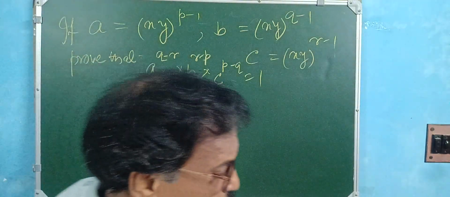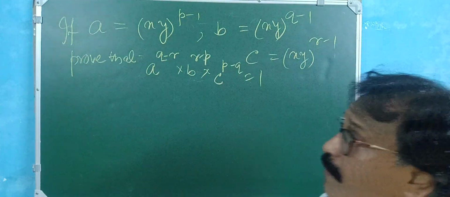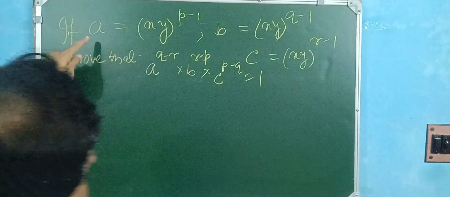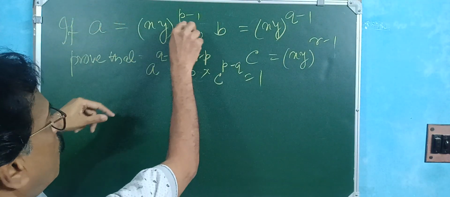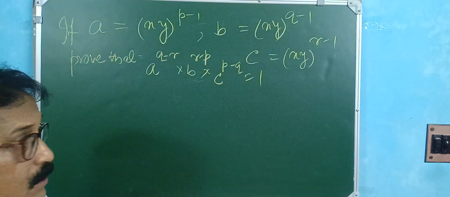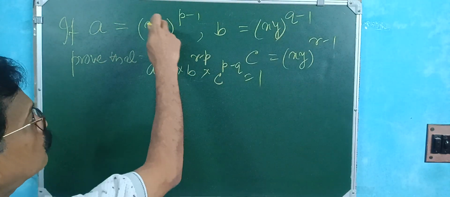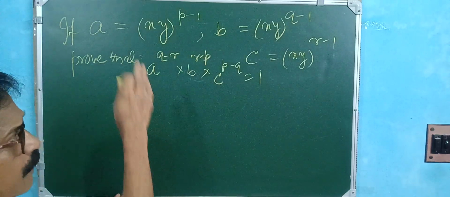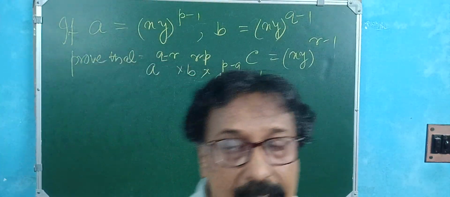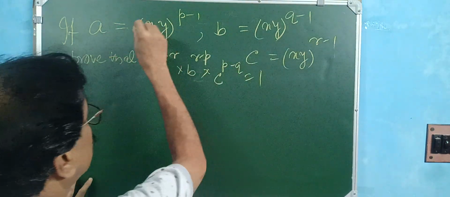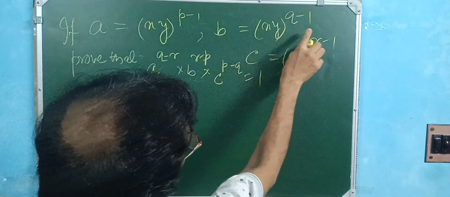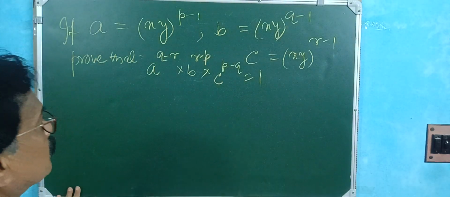Clear? What is given? If a is equal to this, xy to the power, a whole power p minus 1. Don't panic. In the book, this is xy, don't use the bracket. I used the bracket for better understanding. So this is p minus 1, b is equal to this, c is equal to this, then prove this.